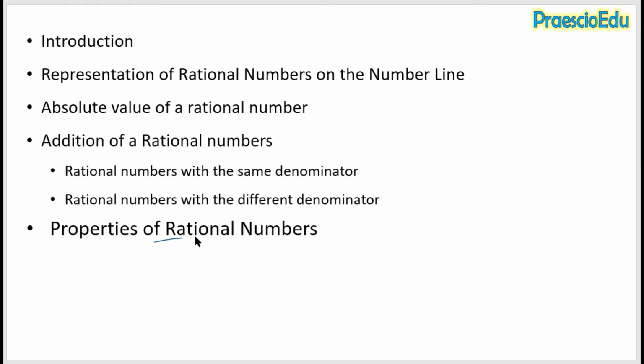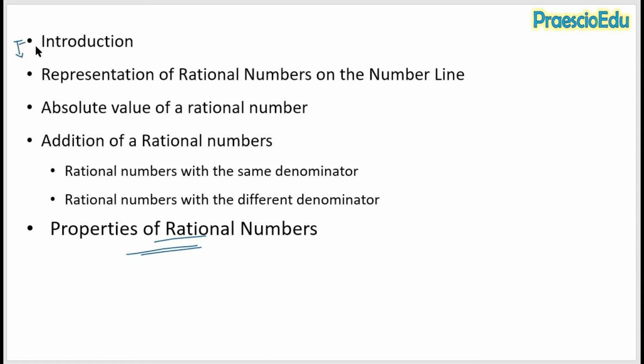Properties of rational numbers are very important. So I hope you will watch the complete video, all topics and sub points also, for better understanding. So let's start from top to bottom, one by one.